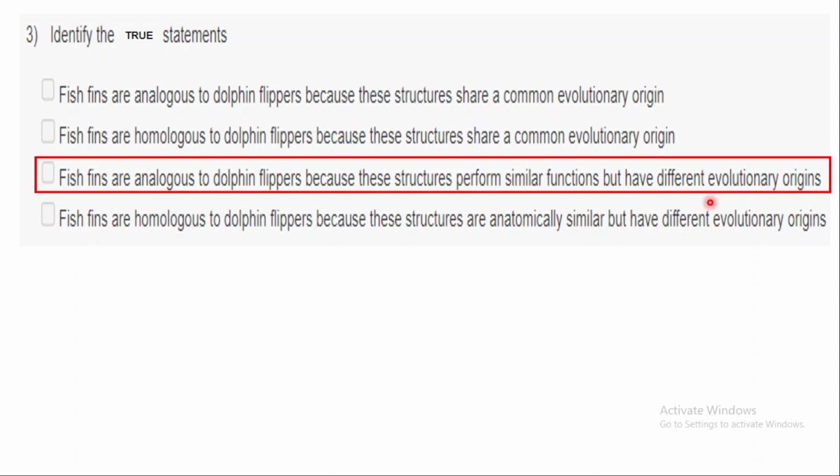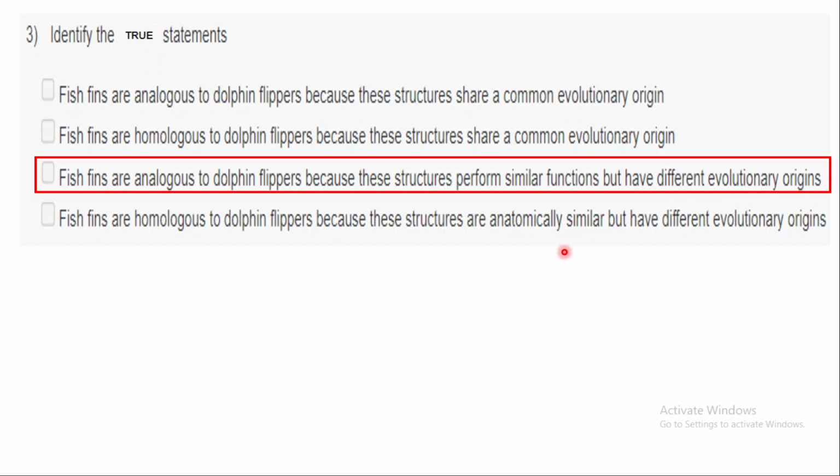So this is the only true statement. So the first option is kind of confusing, might trick you into clicking the first option. Fish fins are analogous to dolphin flippers. This is true, but they do not share a common evolutionary origin. The justification is not correct. And fish fins are never homologous to dolphin flippers since they do not share a common evolutionary origin.